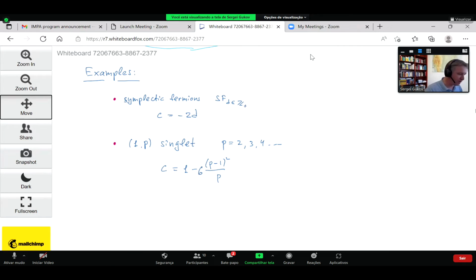That's the usual minimal model central charge when minimal model labels are 1, p.